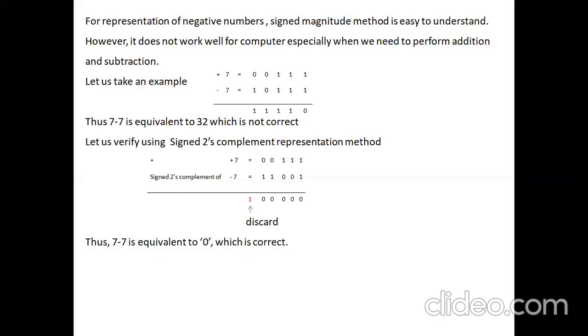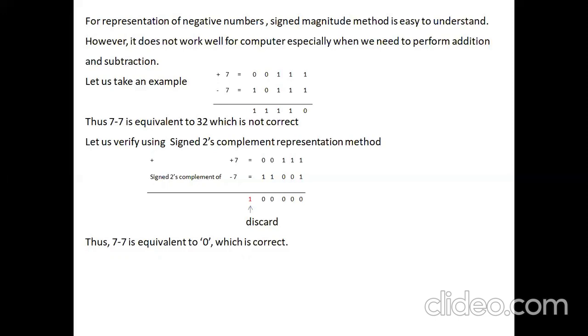So what we will do is take the third one, that is the sign 2's complement representation method. In this method, we are going to add both and see. For plus 7, we take it as 0, 0, triple 1. For the 2's complement of minus 7, it is 1, 1, 0, 0, 1. So now we will add it.